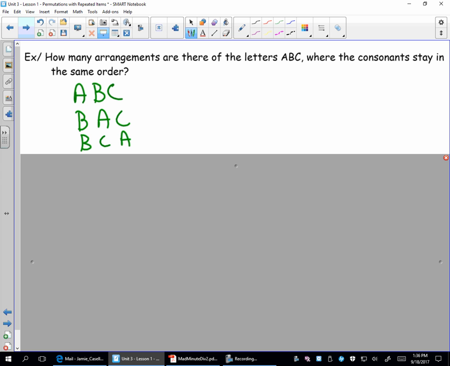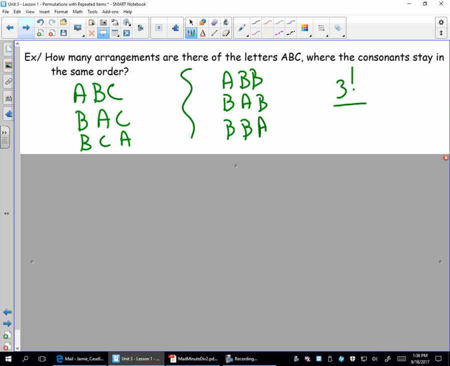Okay, so in other words, B and C are basically the same letter, and the A is being arranged around it. It's kind of the same as thinking of it like this: ABB, BAB, or BBA. They're the exact same number of combinations. So in other words, we can think of the letters where they're staying in the same order as repetition, identical items. There are 3 things all together.